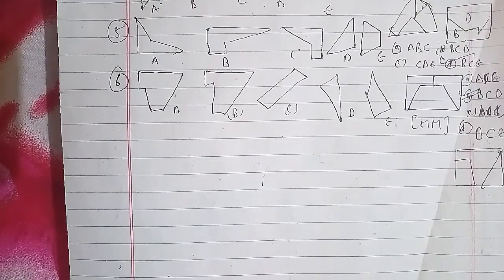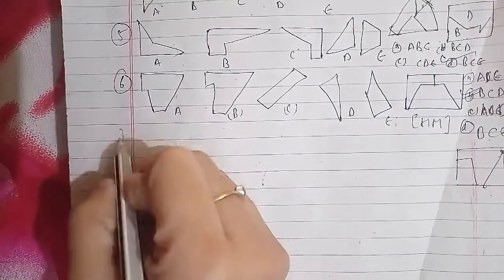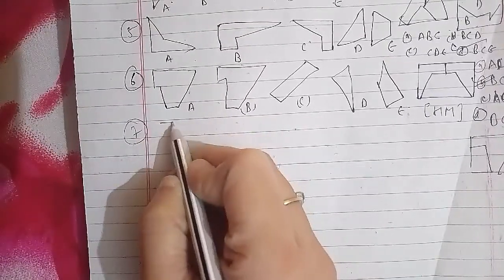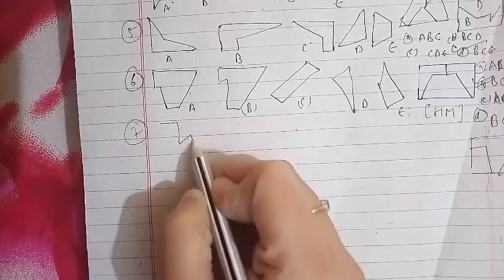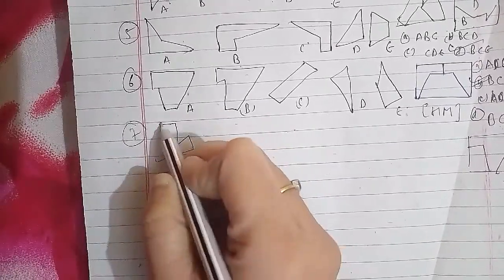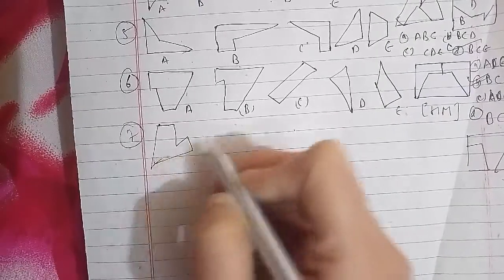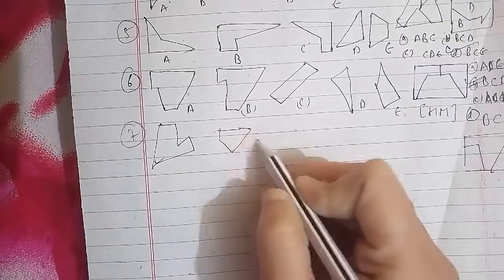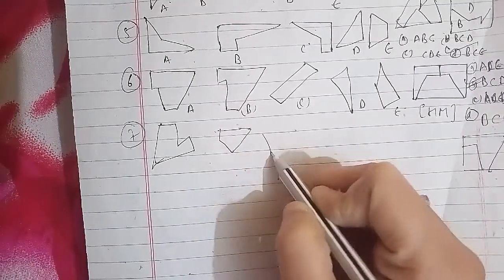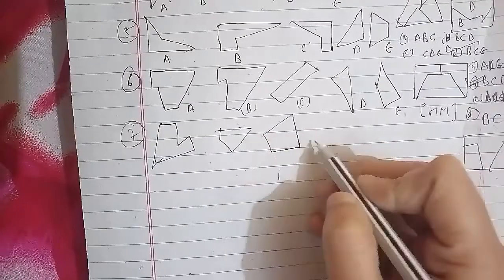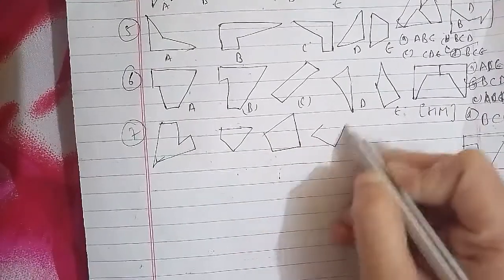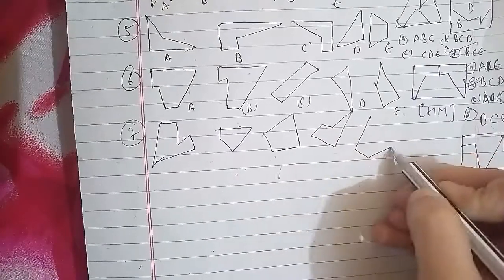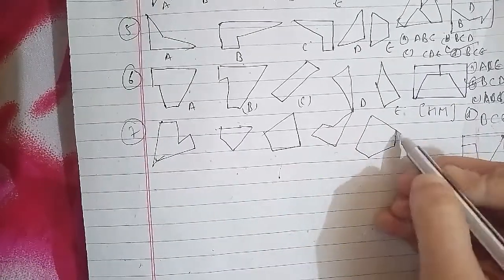So the question 7 is represented like this. This is your figure A, B, C, D, and E.